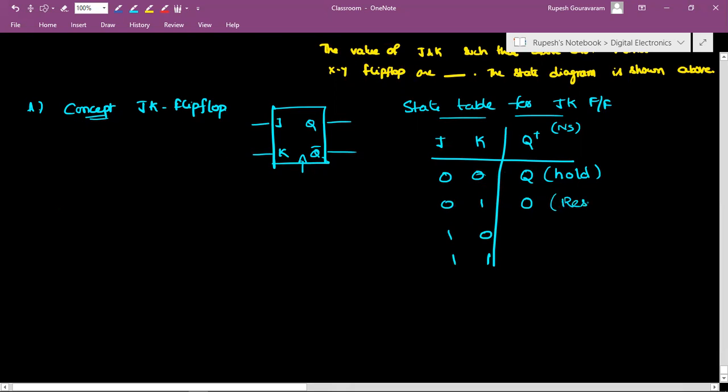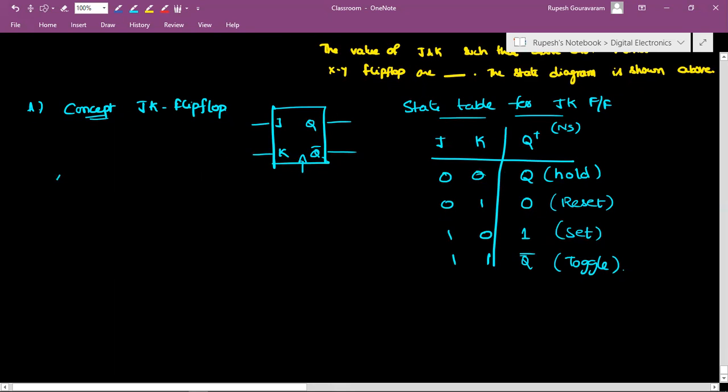That is reset. Reset means 0. Then if J is 1 and K is 0, then the output will be 1. That is set. If J is 1 and K is 1, then the output will toggle.